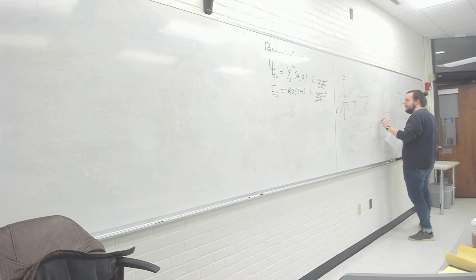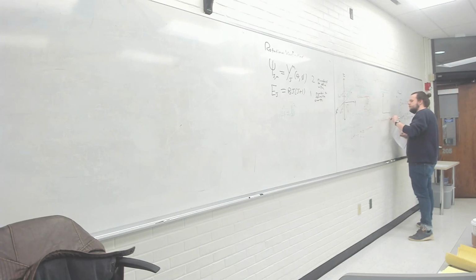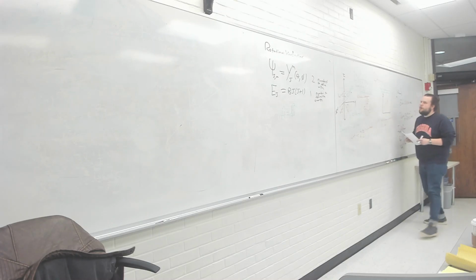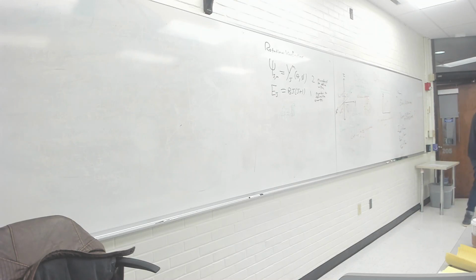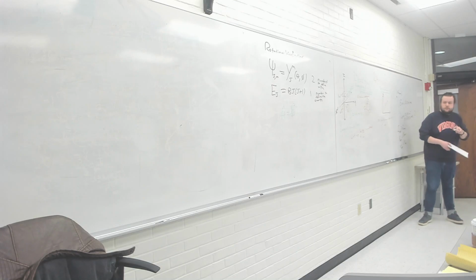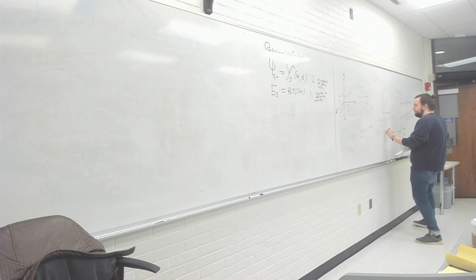It turns out, and we'll talk more about this in the hydrogen atom, m can be any integer between minus j and j. So for instance, if j is 1, m can be minus 1, 0, or 1. I'll write that down, we'll just make a table.